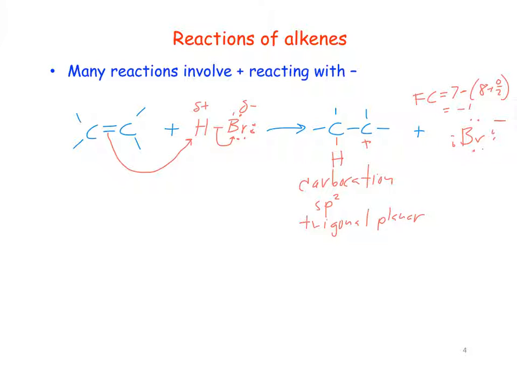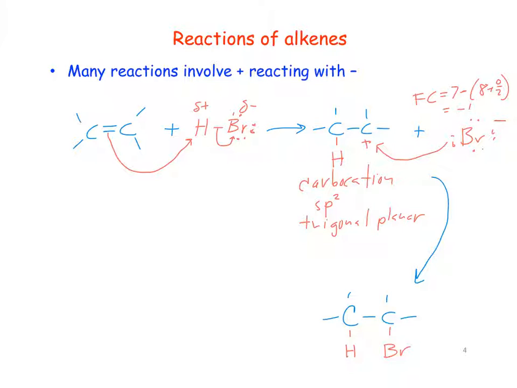Once we react out the proton with a double bond, then we create a situation where we have 2 charged species, and that bromide with its electrons can donate those electrons to the carbocation. So we've added an H onto one position and a bromine onto the other position.